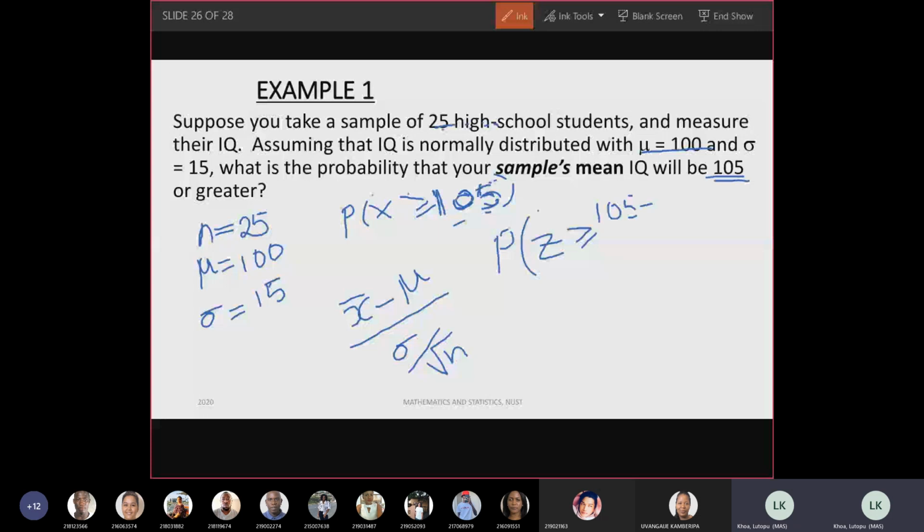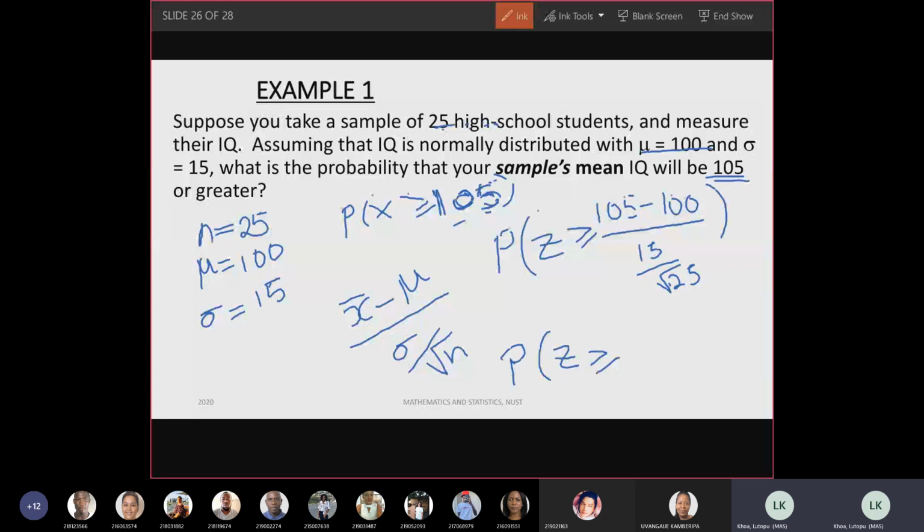Divide this by sigma, my sigma is 15. Then I divide this by the square root of my sample size, which is 25. So here I'm saying, what is the probability that z is greater than or equal to 105 minus 100 divided by 15 over the square root of 25, that you just do on your calculator.